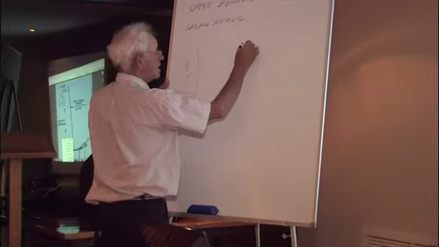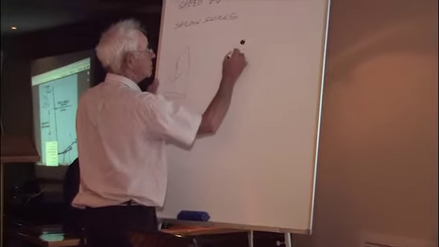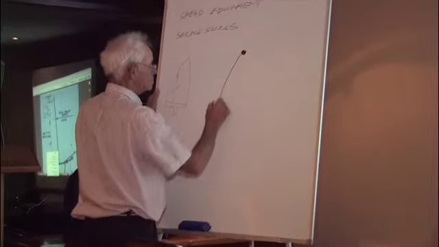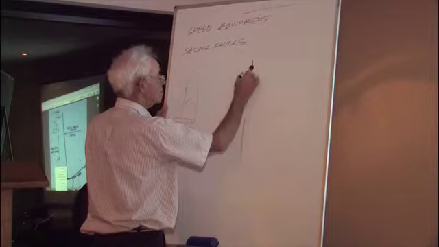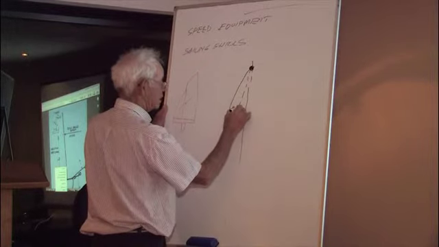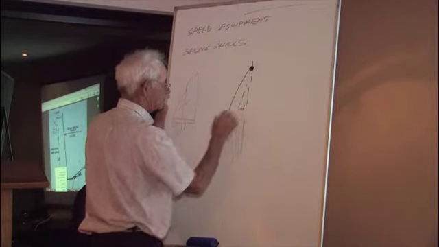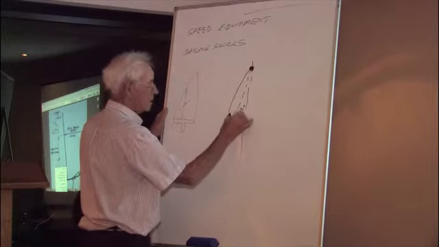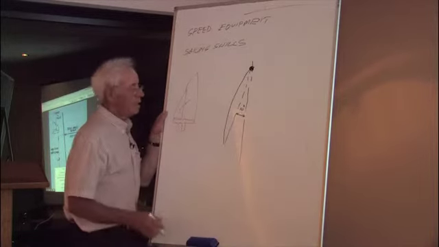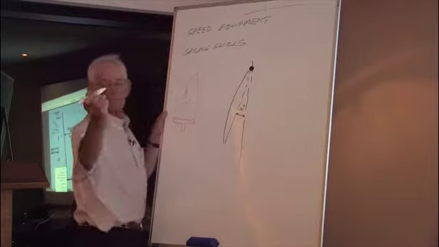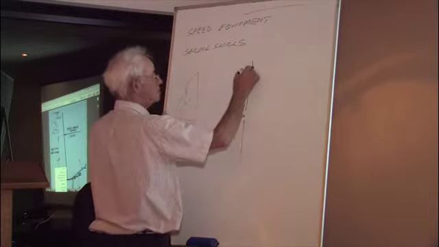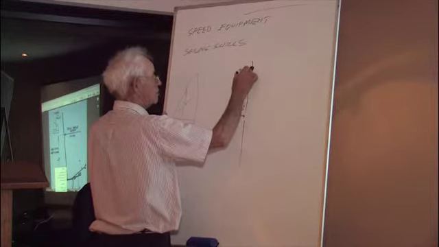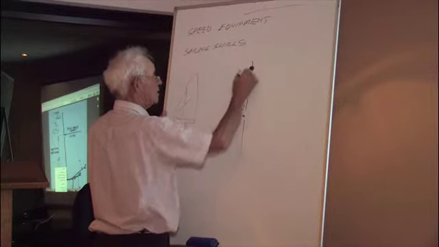Like if your forestay's here, and here's your sail, and let's say it's sheeting at, I don't know, say 10 degrees angle here, and the forestay's straight, then the whole front of the jib is going to be 10 degrees, and it's going to twist slightly as it gets up the sail.